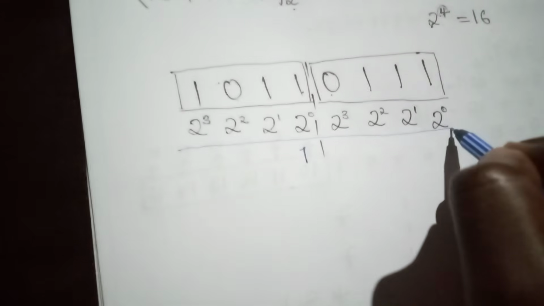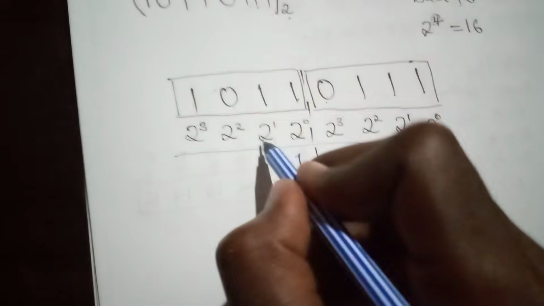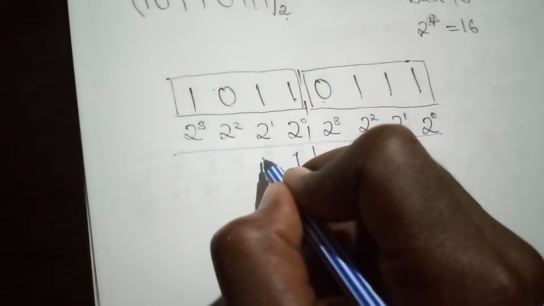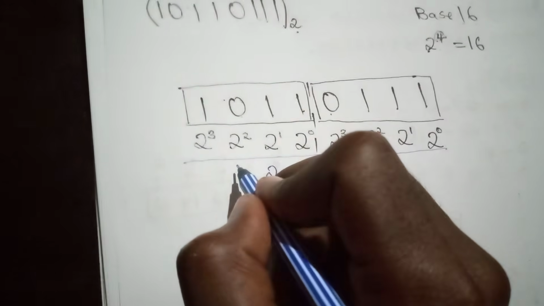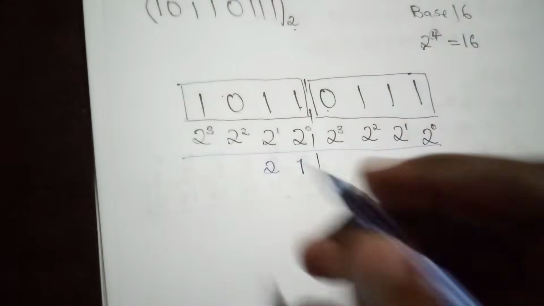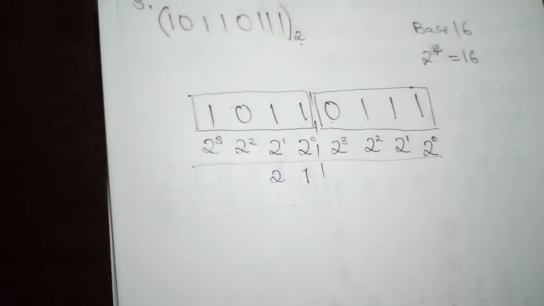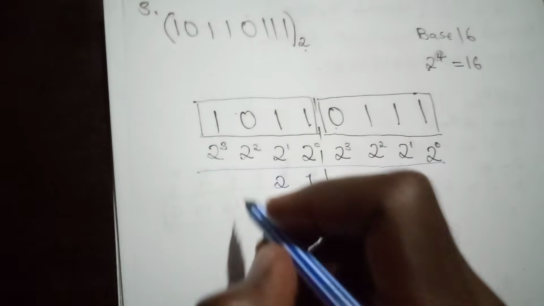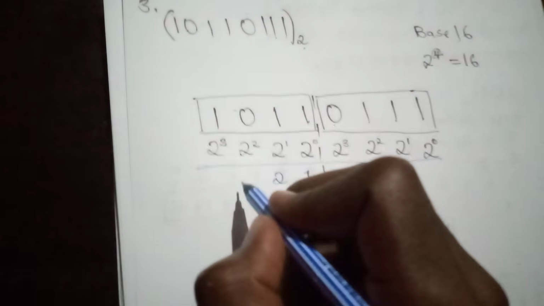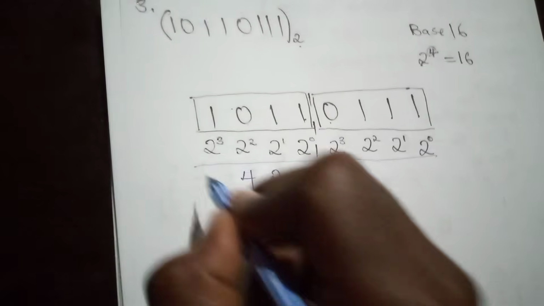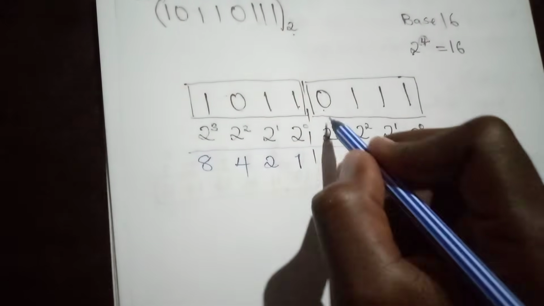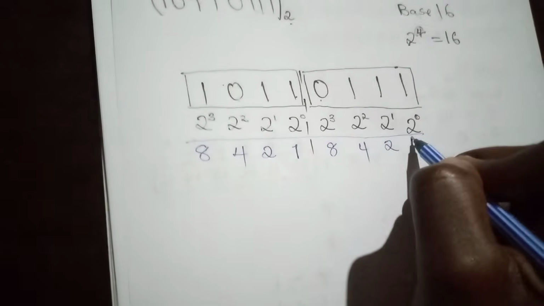Let me separate them. 2 to power 1 is 2, then you are getting 4, then 8. And here it's 8, 4, 2, 1.